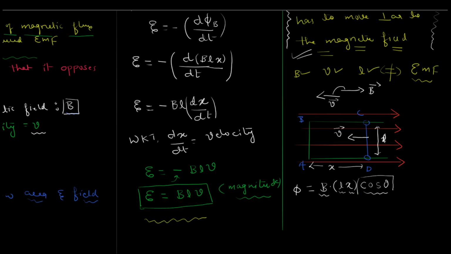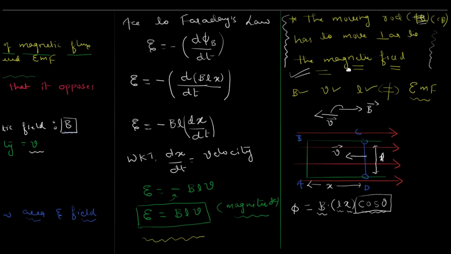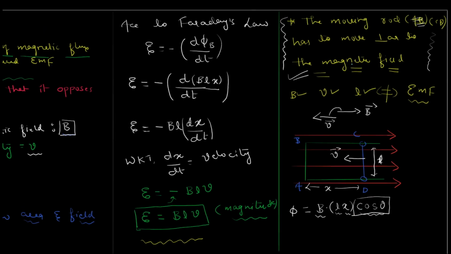If cos theta becomes 0, then my statement over here in yellow color, that the rod has to move perpendicular to the magnetic field, is true. Otherwise my statement is going to sound foolish. But let's see. In this case, what about theta? If theta happens to be 90, please be 90. Theta is the angle between the area vector and the magnetic field vector.